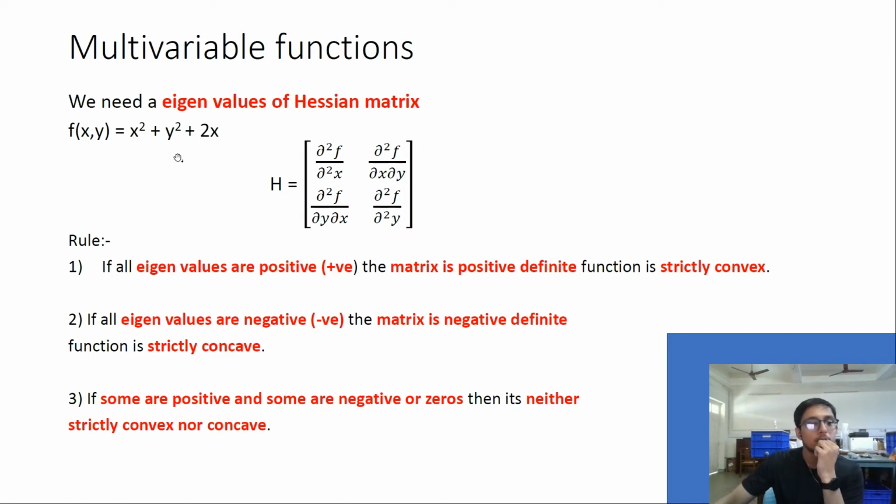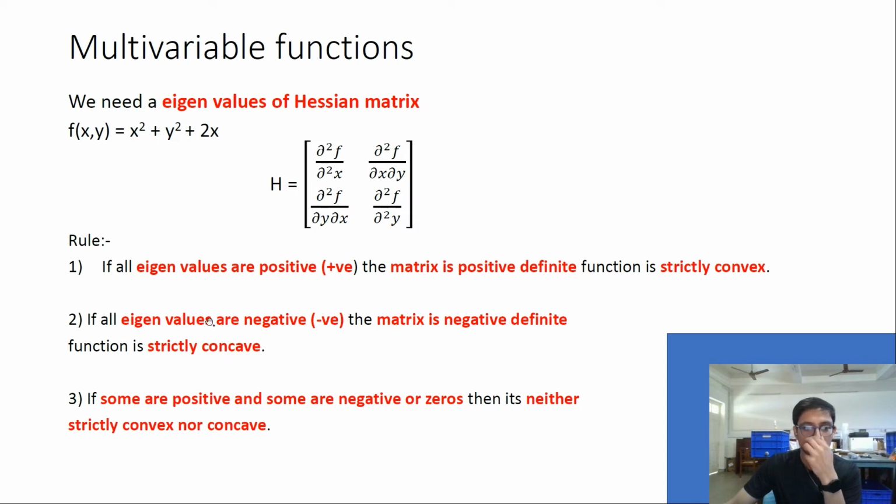Okay. So we have this function f(x) is equal to x square plus y square plus 2x, and we'll create a Hessian matrix. Before that, the rules. Once you calculate the eigenvalues of this Hessian matrix, there are some rules which will tell you the nature based on the eigenvalues. If all eigenvalues are positive, then the Hessian matrix is positive definite, and the function is strictly convex.